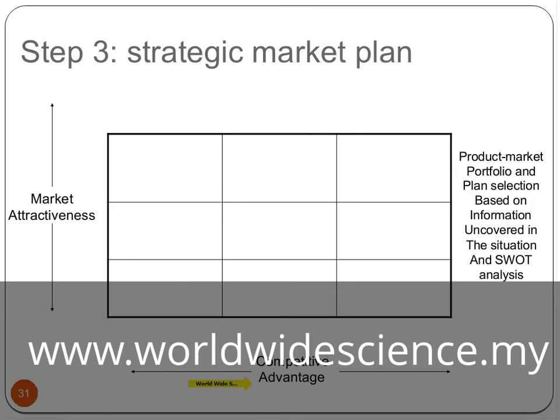Based on all the things in situation analysis and SWOT analysis, you can define something about market attractiveness and competitive advantage. What is your competitive advantage in every product, and also what is the market attractiveness? Which market is more attractive for you? You should define these two versus each other, and you should consider both together.